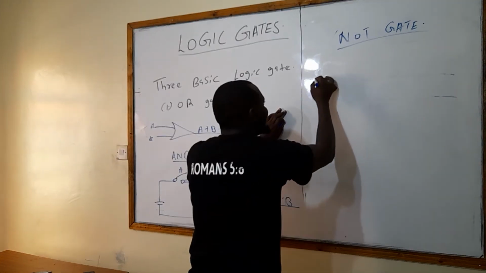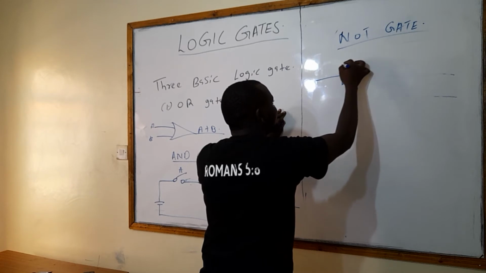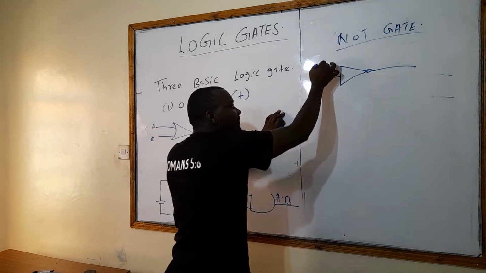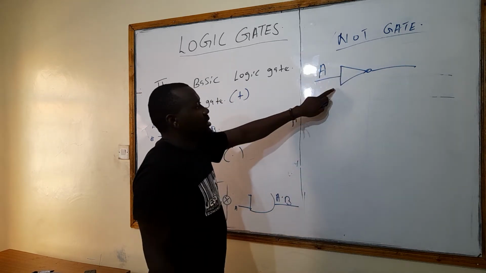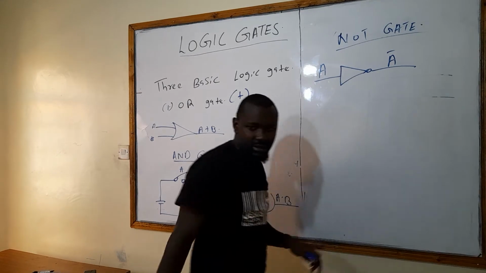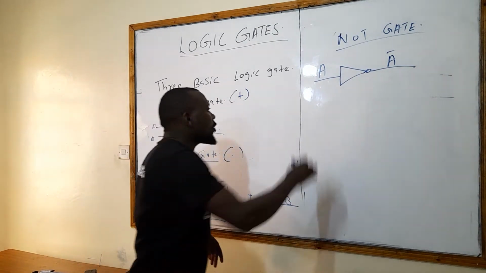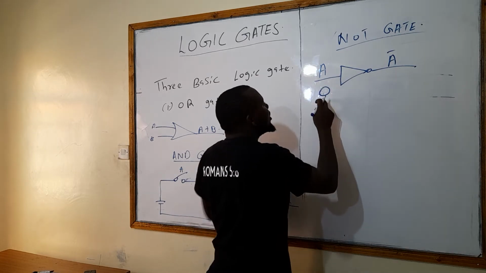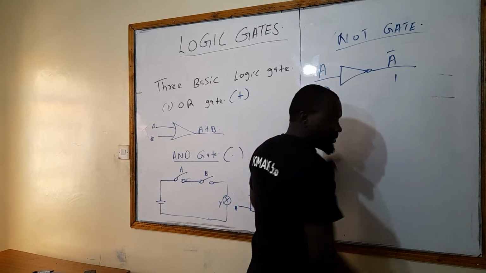And it's simple like this. This is the symbol of a NOT gate. Now, when we have an A as an input, we are going to have an A inverse. So if, for example, we have an input of 0, the output will be 1.